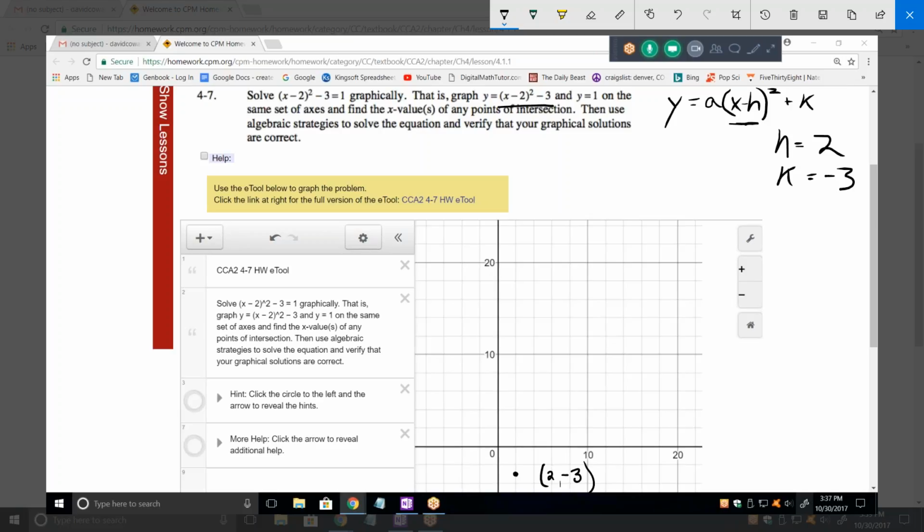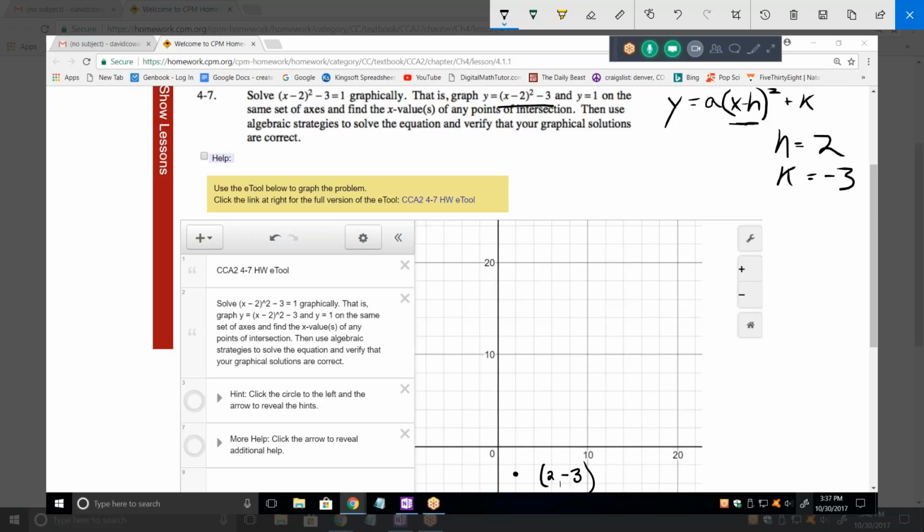Now, if I were to graph this, I really kind of need a second point. Let me again read the directions. You need 3 points to graph a parabola, and we only have 1.